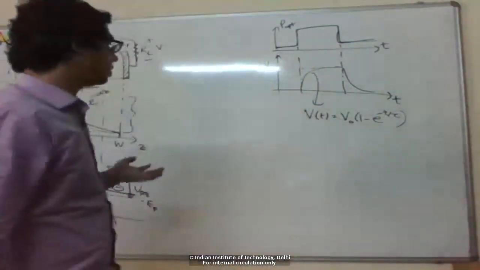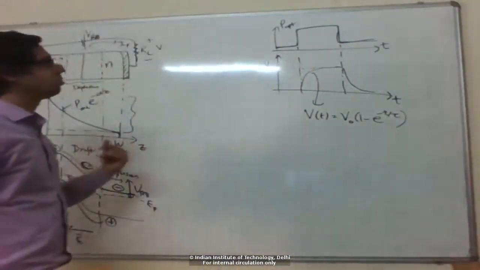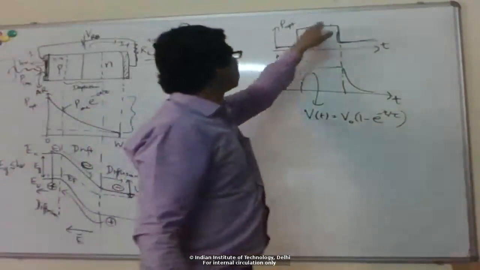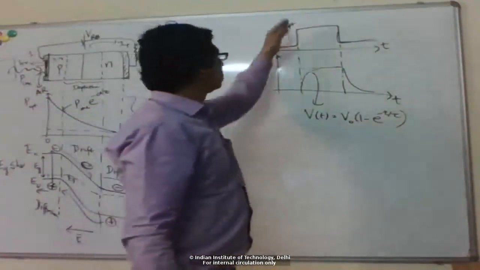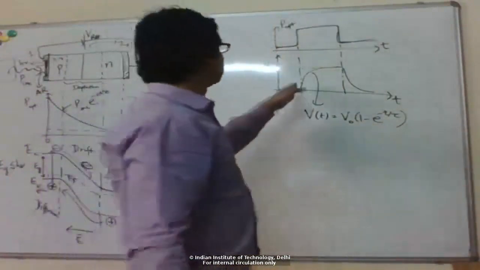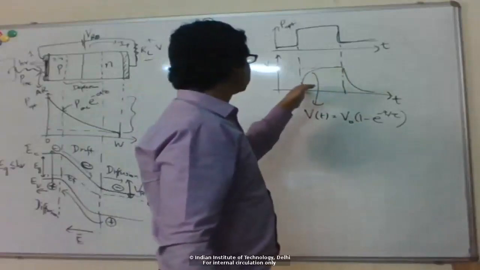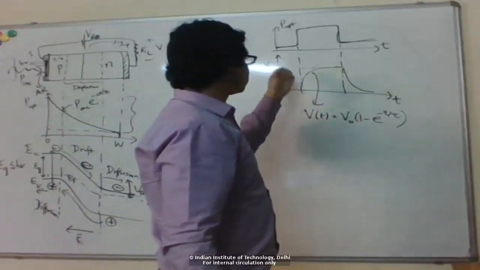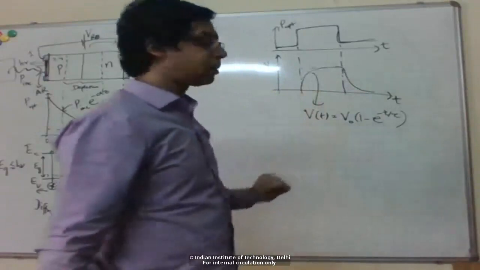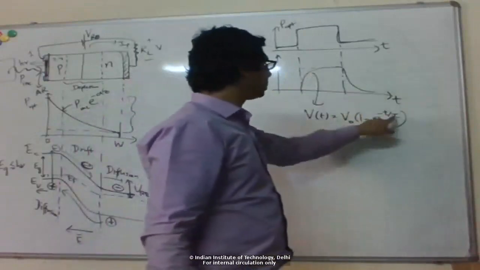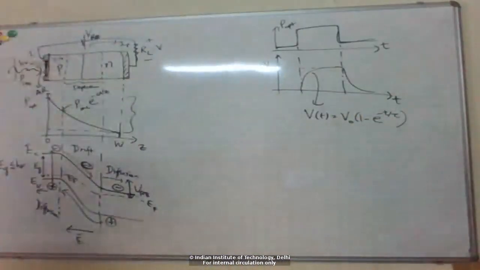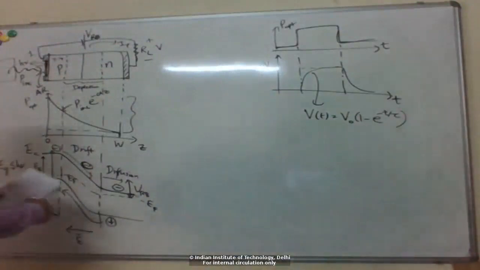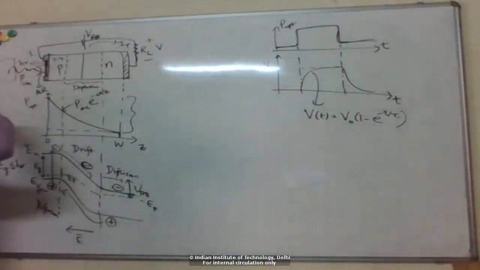Okay, so just like any RC circuit, if you apply a voltage step, then basically you know that because of the time constant RC of the circuit, there is a time constant for charging of the capacitor, for example, right? So similar thing happens here. So you can think of this photodetector as an equivalent RC circuit.